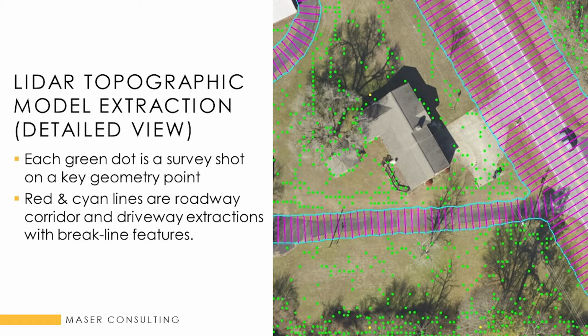We're collecting a truer representation of what the Earth's surface looks like. The blue and magenta hatched areas are areas where we pull out and create break lines so that when we're creating the surface, we're not missing small features like ditches that might fall between the key model points.